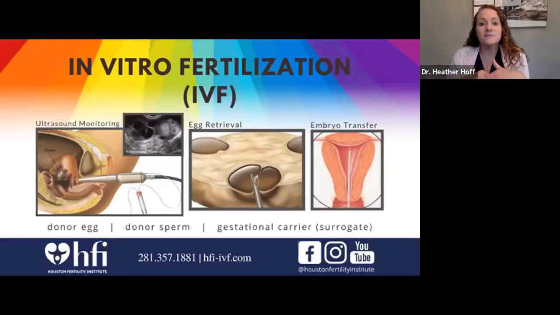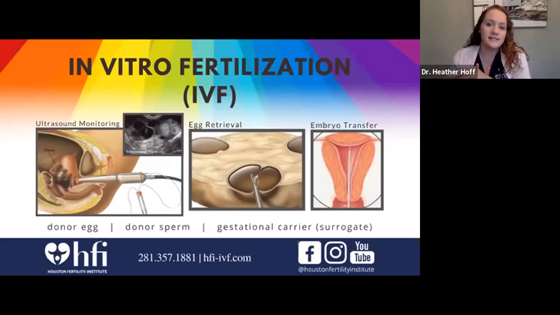Once we see that the majority of the follicles, or the fluid around the egg, appear that they would contain a mature egg, that is when we would trigger. A mature egg is an egg that, once it's retrieved outside of the body, is able to be fertilized. So we would do a trigger, and then we would plan a procedure called an egg retrieval or oocyte retrieval. That is an outpatient procedure.